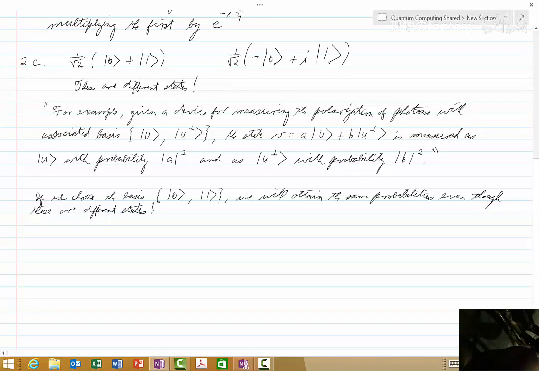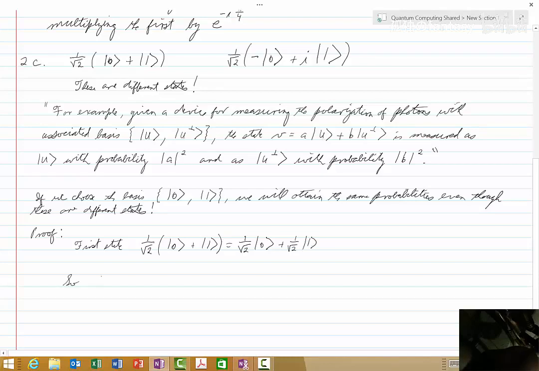Now, let's prove that. Let's look at the first state, 1 over square root of 2 times 0 plus 1. If we want to express that in terms of the 0 ket and the 1 ket, that's obviously easy to do. It's 1 over square root of 2 times the 0 ket plus 1 over square root of 2 times the 1 ket.